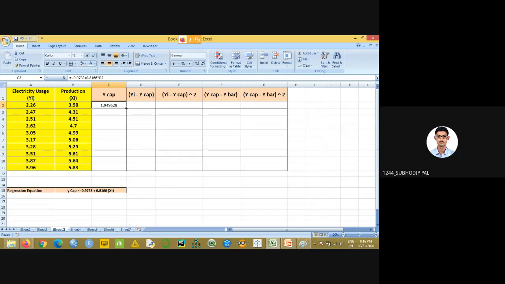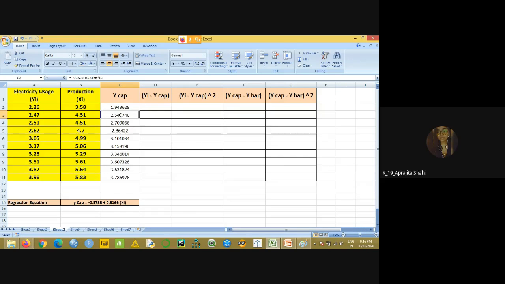Got it, everyone? So for the next one, what will be my xi value? 4.31. So look at the regression equation.